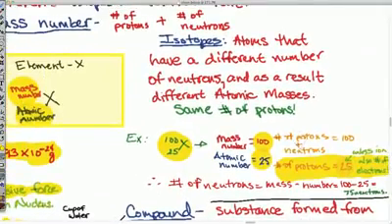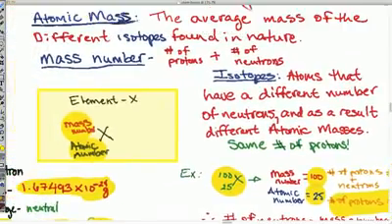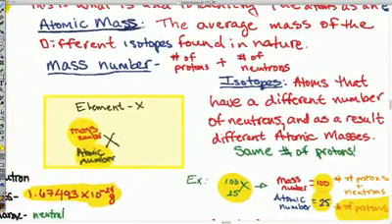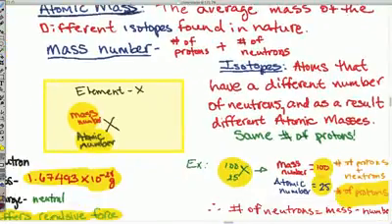Then to get the number of neutrons, well, you take the mass number of 100 minus 25, and that'll give you the number of neutrons, which is 75. Okay, so mass number minus atomic number is neutrons, atomic number is protons and electrons. And we'll discuss the exceptions to the rule when we look at the example videos. Okay, so mass number, protons plus neutrons, atomic mass, average of the different versions or isotopes found in nature.